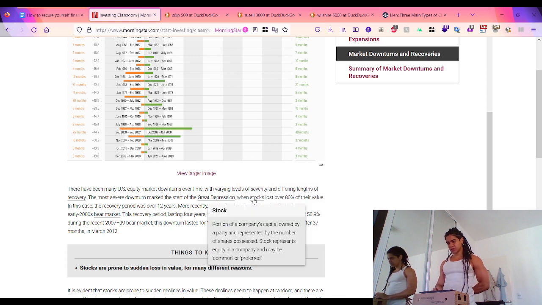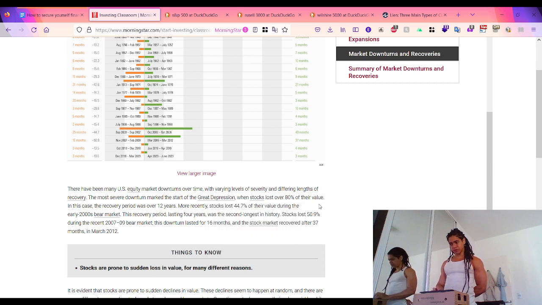Stocks lost over 80% of their value. In this case, the recovery period was over 12 years.